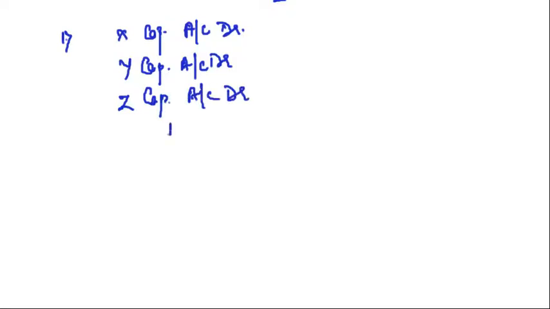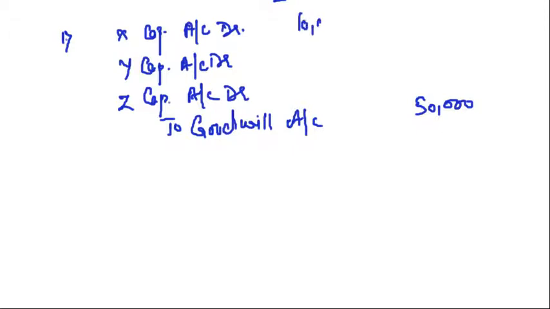To goodwill. In which ratio? In old ratio. Goodwill account 50,000. So this will come to 10,000, 15,000 and 25,000.